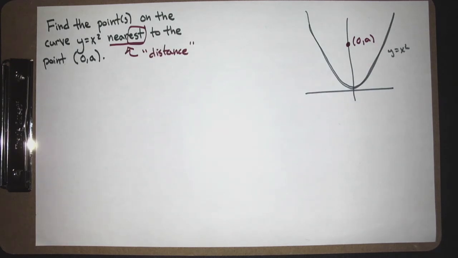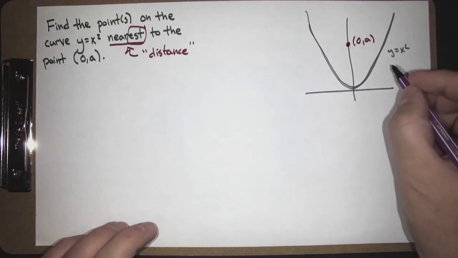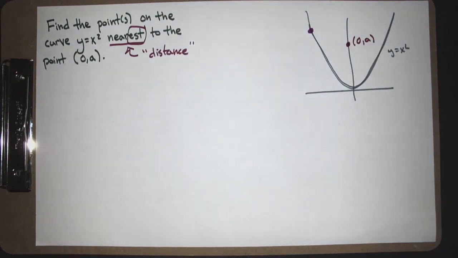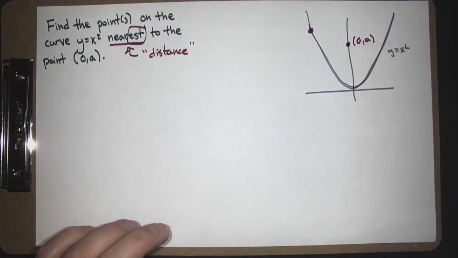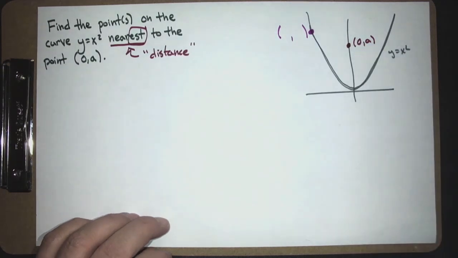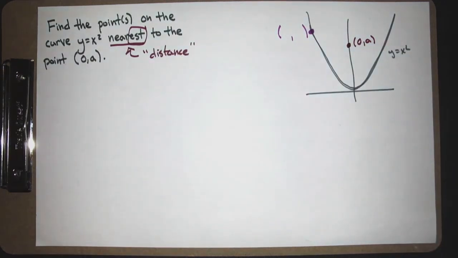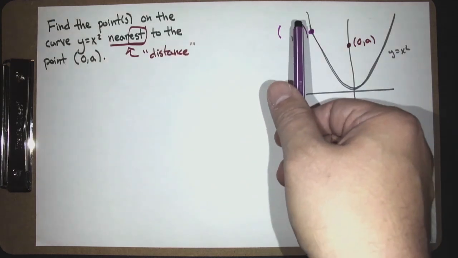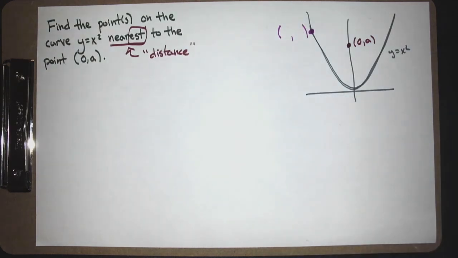So we say, all right, well, let's think about what's going on. So we have our point 0, comma a. What does a typical point on a parabola look like? Can we write it in, say, one variable? Because we can write any point as x, comma y, but what do points in the parabola look like?